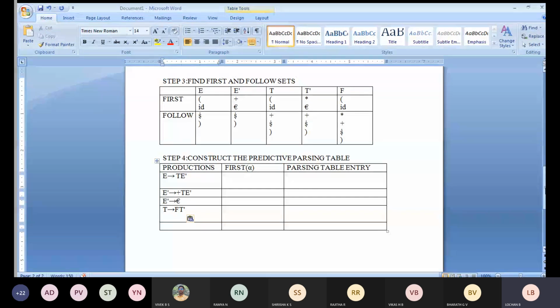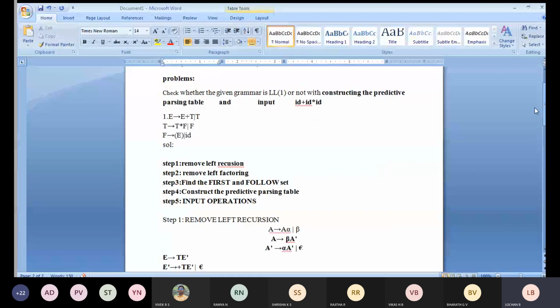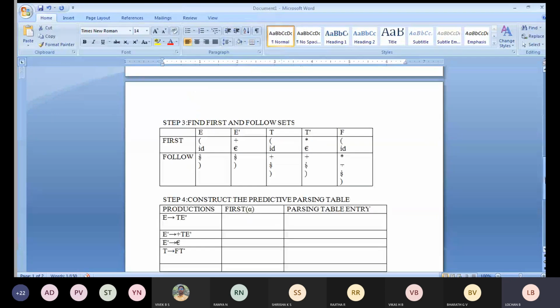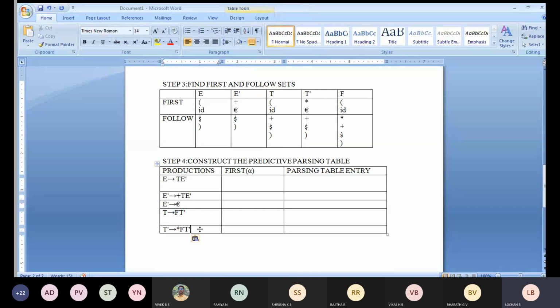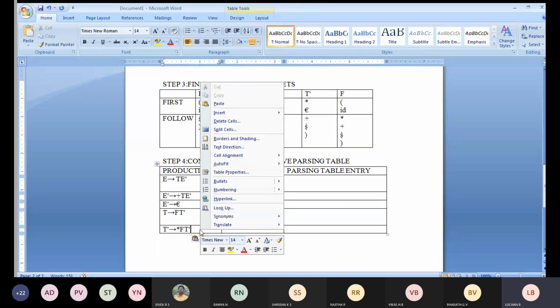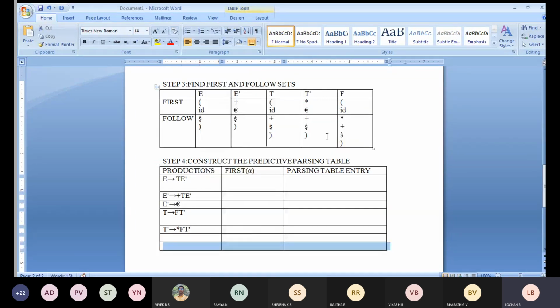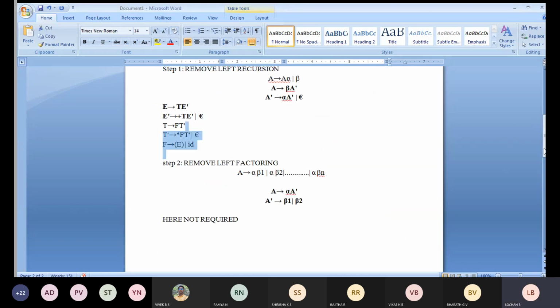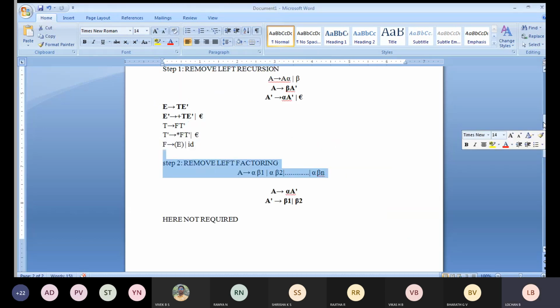Next, you will be getting T dash. So next is epsilon we want. T dash implies epsilon.